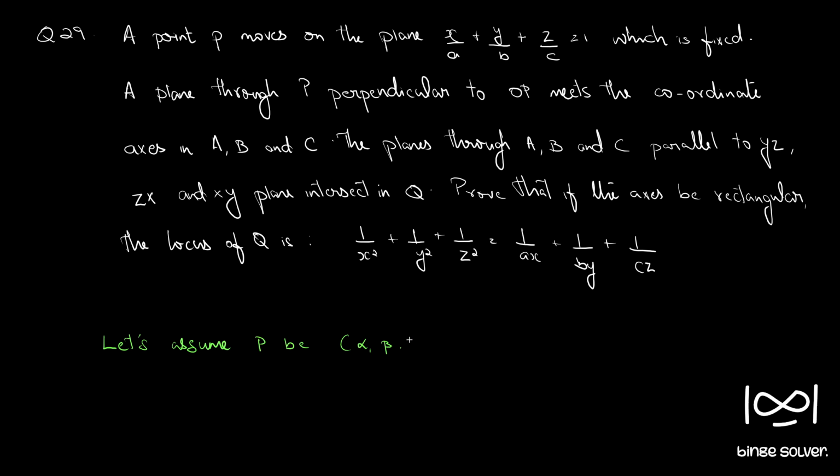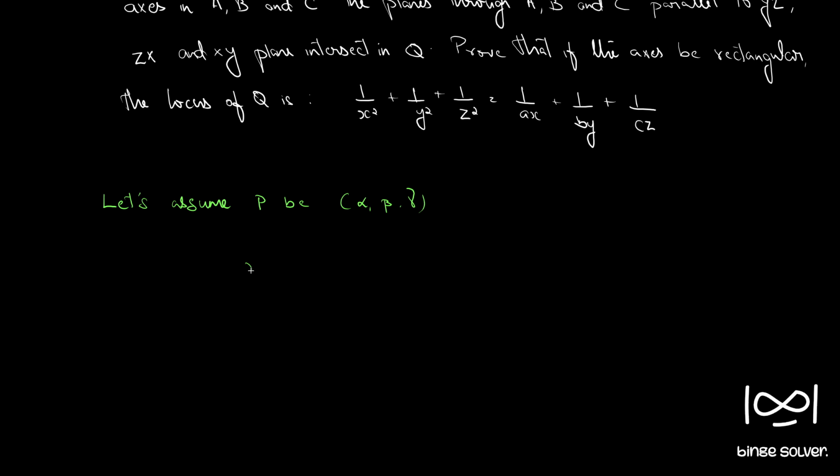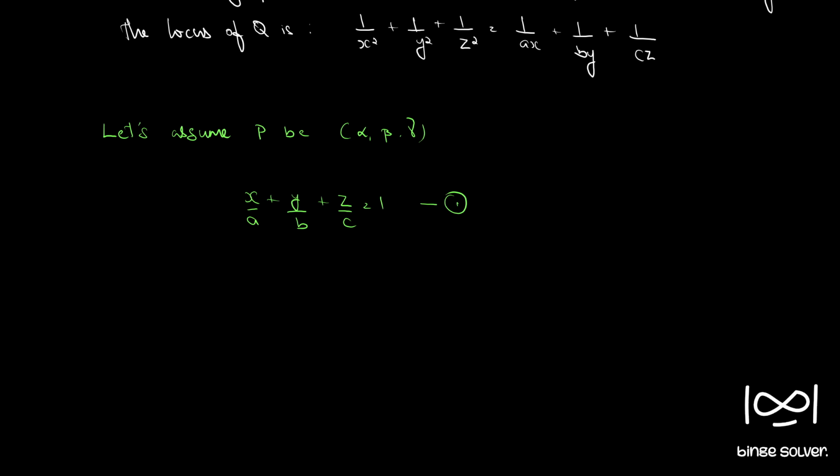Let P be alpha, beta, gamma. Now we know that point P lies on this plane. So we'll just write down the plane itself, x by a plus y by b plus z by c equal to 1. Call this equation 1. So P lies on 1.